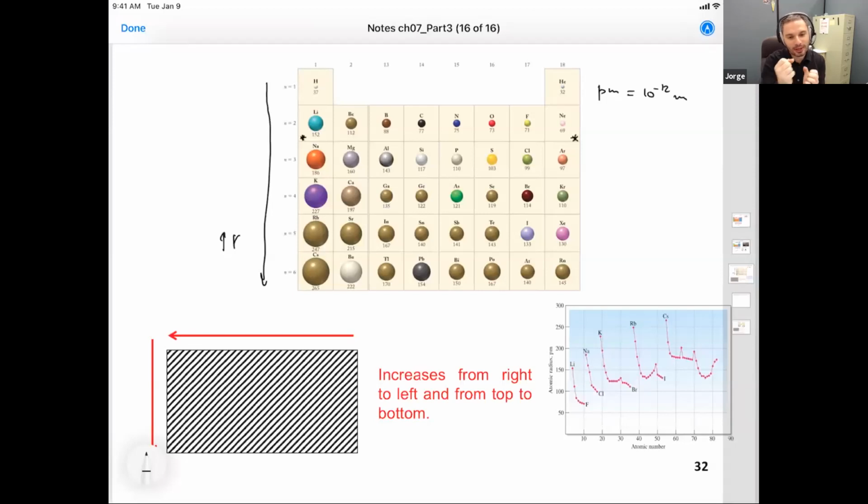Smaller atoms attract the electrons a lot. Larger atoms, the attraction is weaker. And then we will talk about electron affinity and ionization energy next week. Okay, so that would be the lecture part for today.